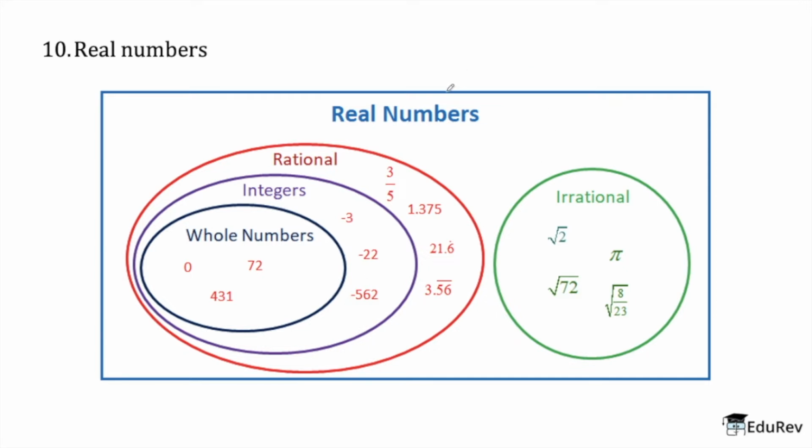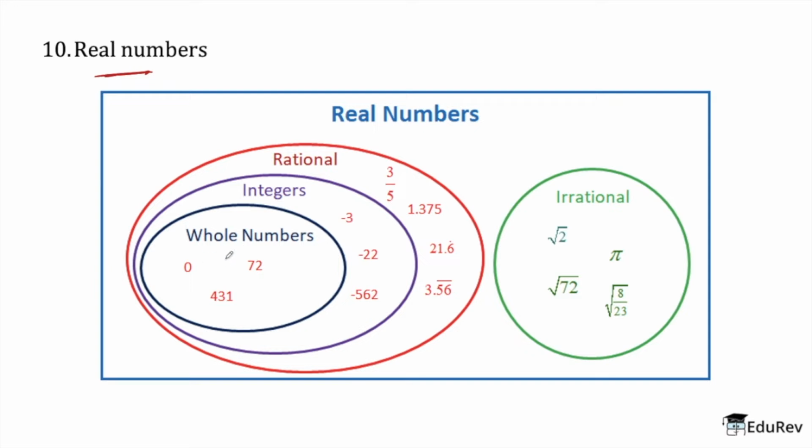Now let's see how all these different domains of numbers are connected and how we can present them. To present these numbers, we take the help of real numbers, which are the aggregation of all those numbers. Natural numbers are a part of whole numbers, because natural numbers are 1, 2, 3, 4, and whole numbers are 0 added to natural numbers.